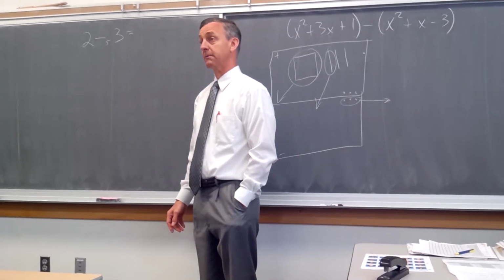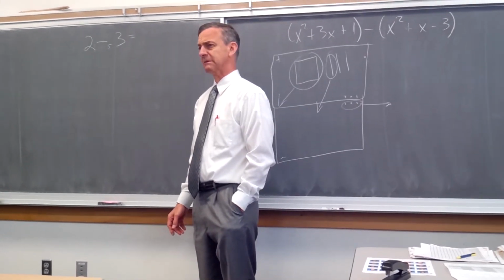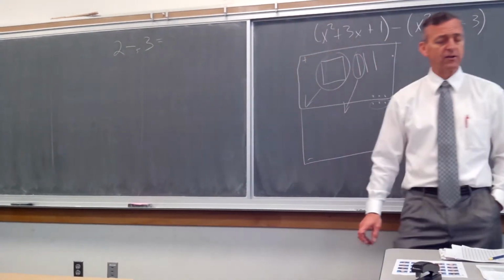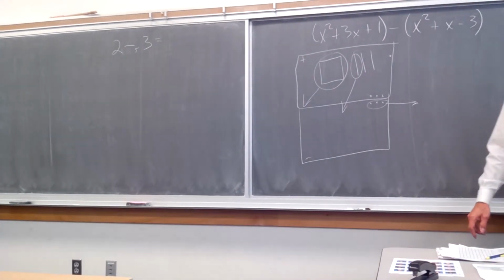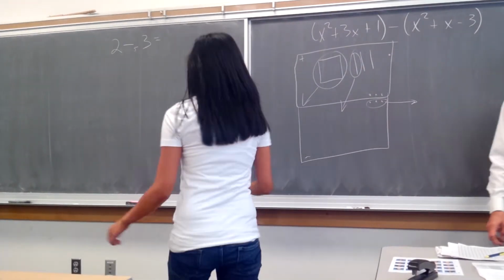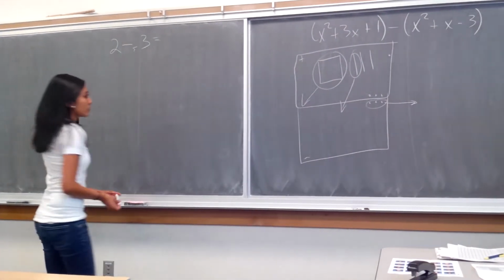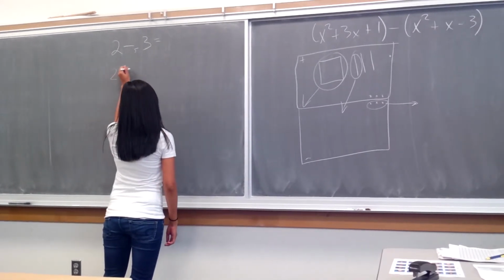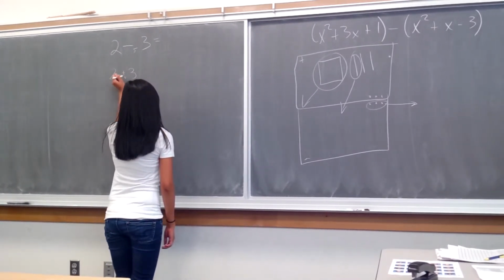Kelly, do you want to come up and be sure and ask questions if you're not comfortable. So, because of that families, we know that we could write this as 2 plus 3 inverse.